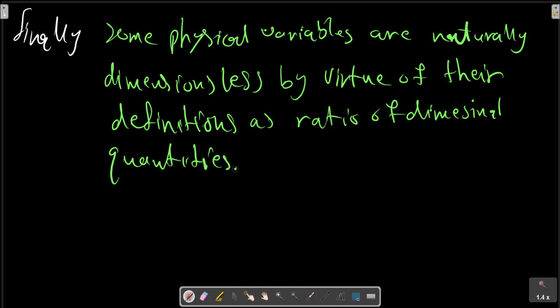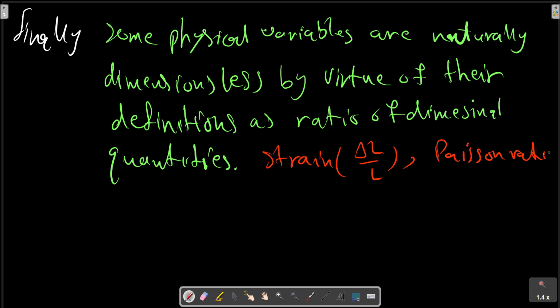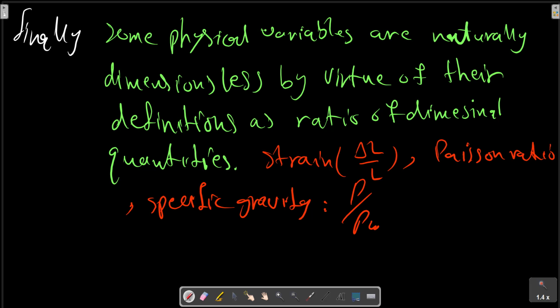Quantities such as, for example, strain, the change in length per unit length, delta L; also the ratio of transverse strain to longitudinal strain; and the last one is, for example, specific gravity, the ratio of density to standard water density.